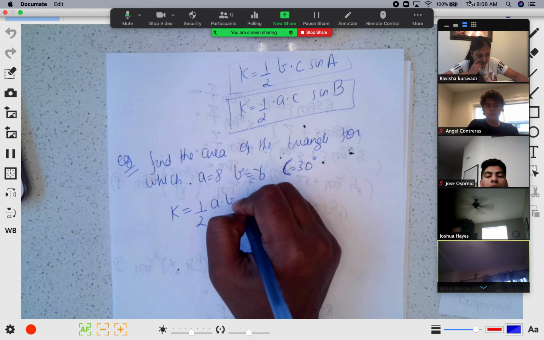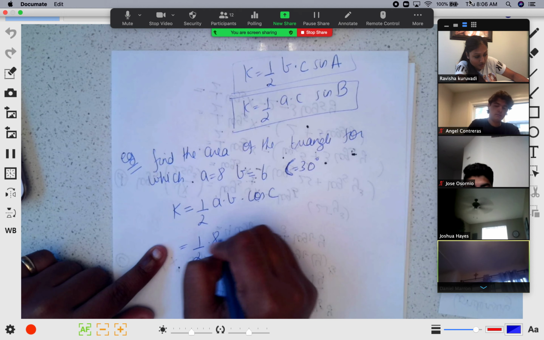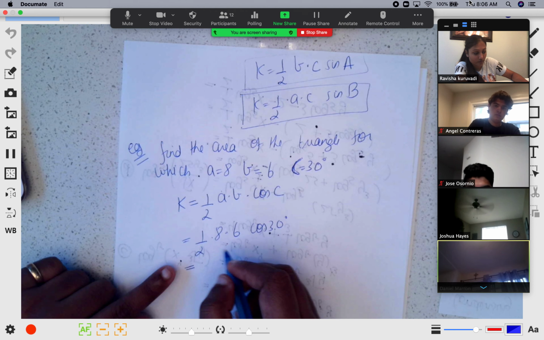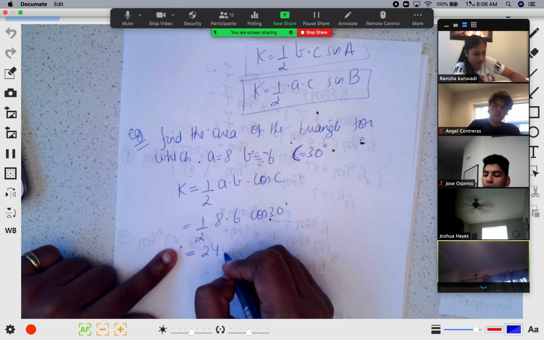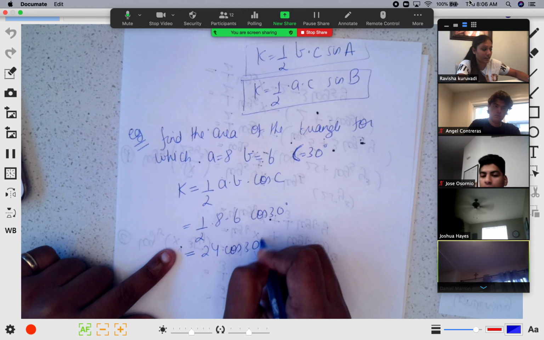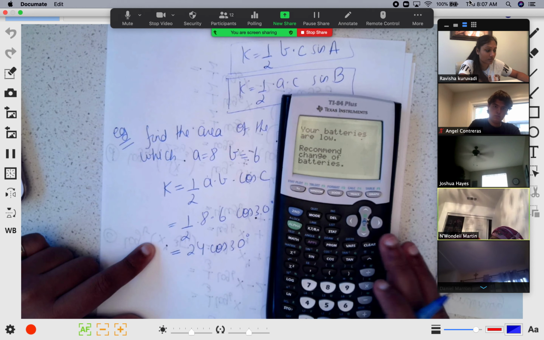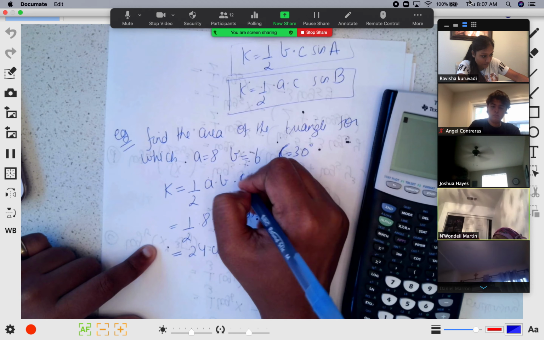So basically when you plug in values, you get half times 8 times 6 sine 30. When you solve, you get 24 sine 30. Use your calculator, you can find the value. Find the value and tell me what it is. Sine or cosine? It's sine. I'm sorry, it's sine. You're correct.